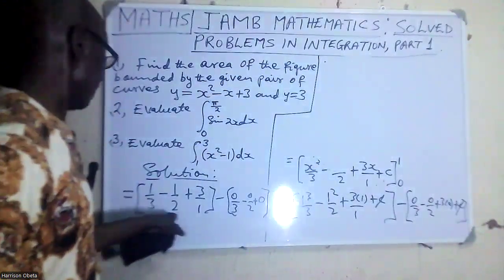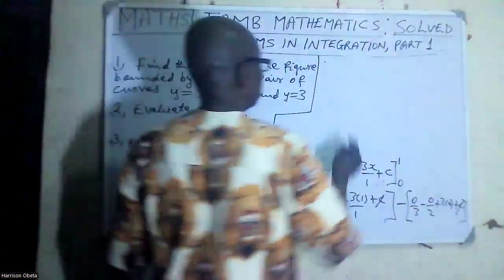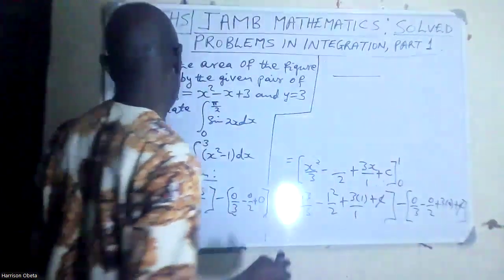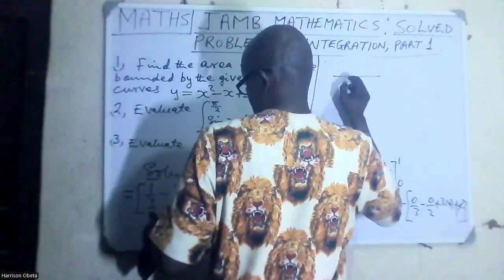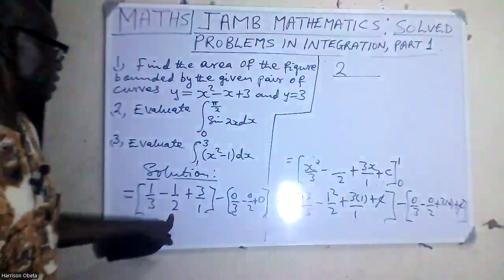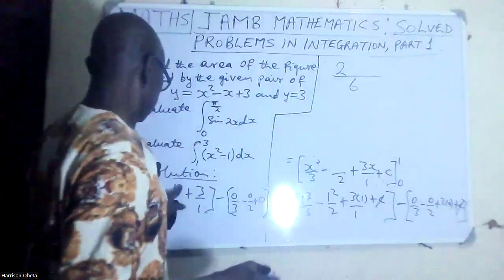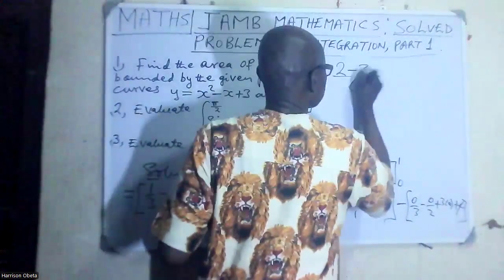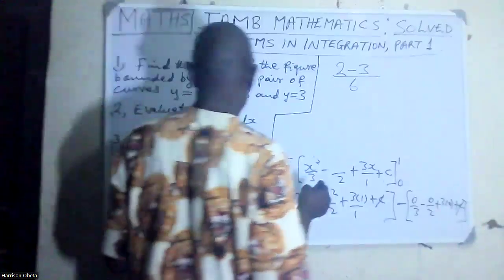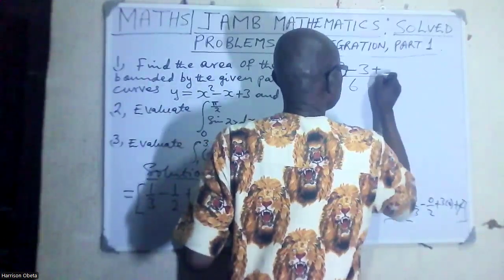So this one now, our LCM here should be 6. So we have 3 dividing 6, 2. 2 times 1 is 2. 2 dividing 6 is 3. 3 times 1 is 3. 1 dividing 6 is 6, times 3, that's 18.